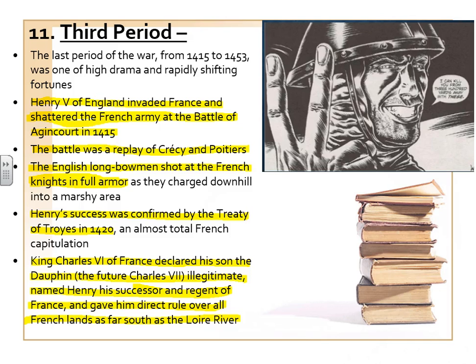That Henry is going to be the successor of Charles VI, and he is, in fact, going to be the regent of much of the land south of the Loire River. All right, so France is pretty much cut in half here, and so when the current French king, Charles VI, dies, that means it's going to pass to English hands.